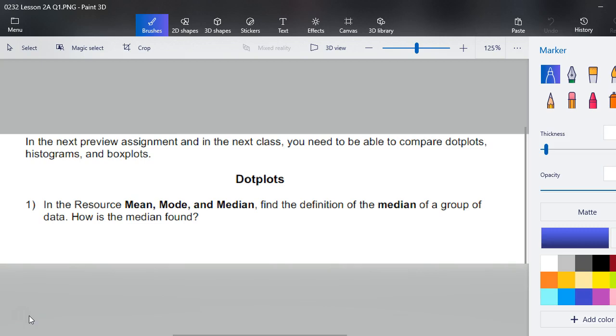So I would like for you to just write down your thoughts about what median is or what it represents, then go find the resource and look at the definition and clarify what you have written. When you have clarified that, come back to this video and we'll start talking about dot plots.